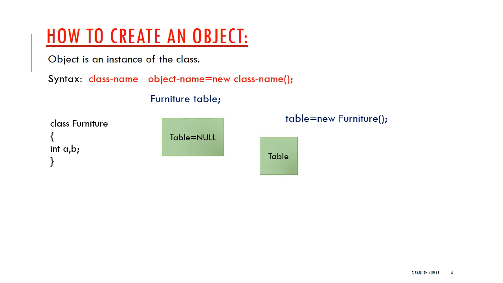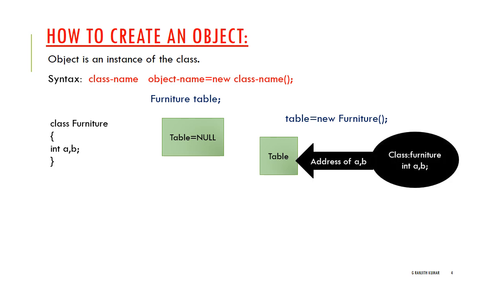Now the table object is created, and the addresses of the members of the Furniture class are assigned to this table. Then table points to the members of the Furniture class, and we can access those members using the table name. In this way, in two ways we can create that object, by breaking the above syntax into two parts.